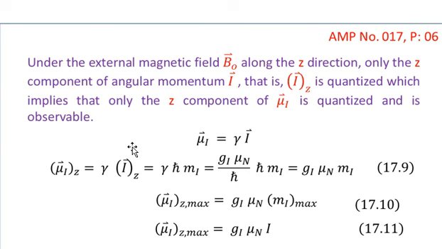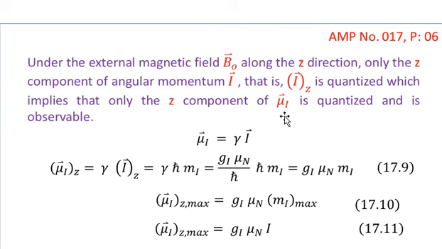Their x and y components will be averaged out to zero during the precessional motion of these quantities. So when I, the spin angular momentum, carries out a precessional motion about the magnetic field B naught, similarly its counterpart mu I, the spin magnetic moment of the nucleus, will also carry out a precessional motion about B naught.